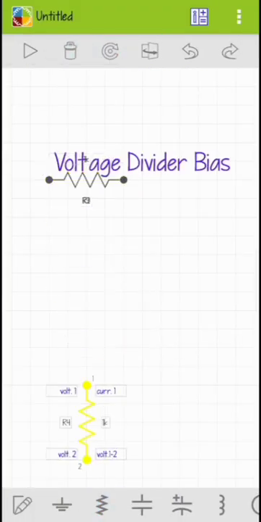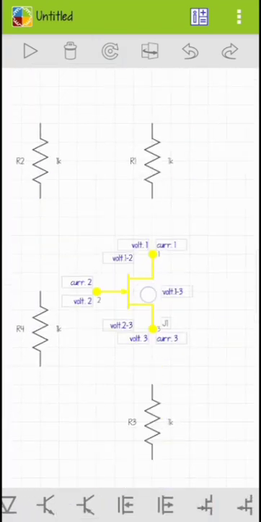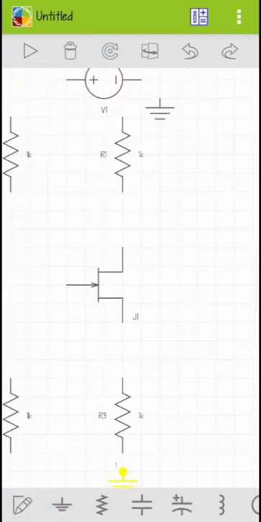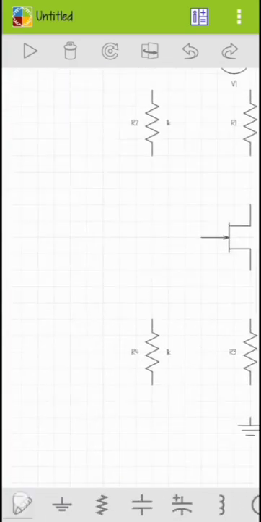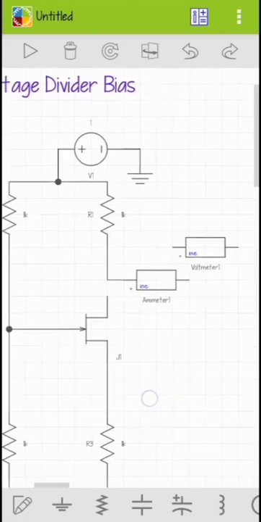Now let's see how the connections are given for the voltage divider bias of FET. For this we need 4 resistors, 1 FET transistor, 1 power supply, 2 grounds, and 1 ammeter and 1 voltmeter to view the output.